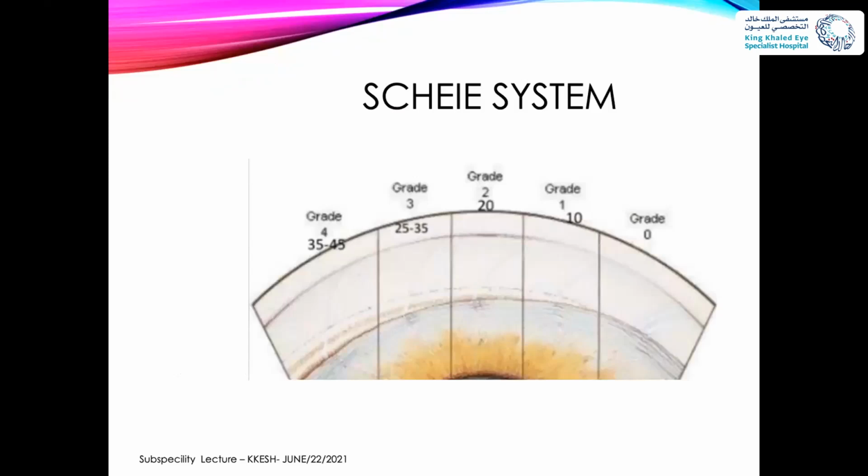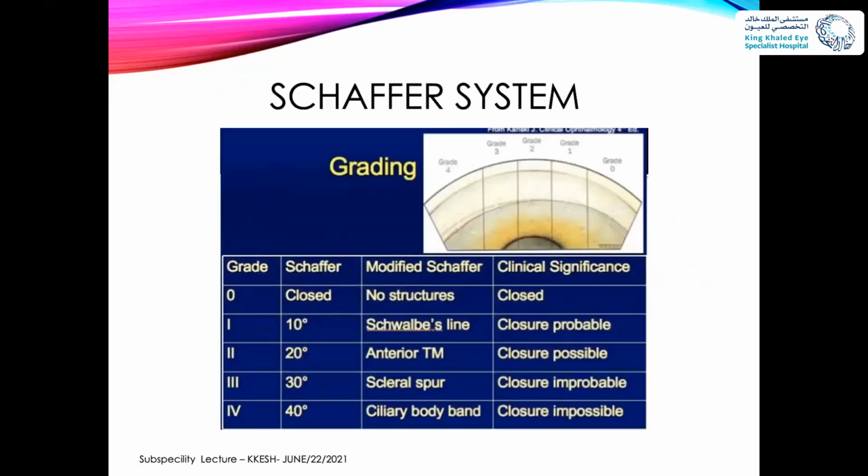This is the Shaffer system. As we said, it's graded from 1 to 4, and 0 is like a slit or completely closed. The Shaffer system, again, is a 4-grade system, and it's based on the occludability of the angle. So 0 is narrow and 4 is the widely open one.